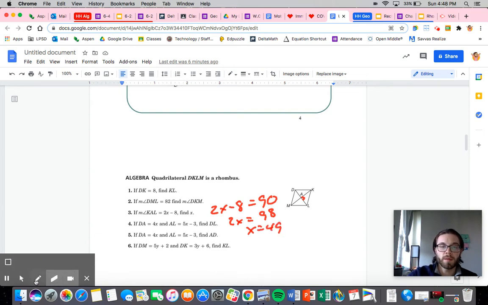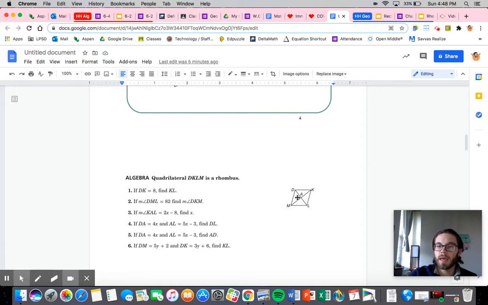Now, what else do we know? DA is 4x, AL is 5x minus 3. Again, a rhombus is a parallelogram. So that means what? Well, that means that the diagonals bisect each other. So if I have DA and I have AL, I know that they are ultimately going to be congruent.